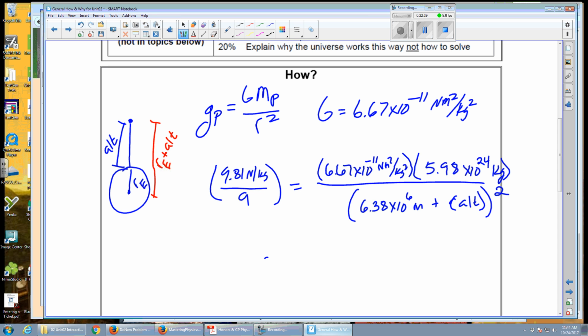Solve for altitude, which I know you guys can do. Most common mistake will be to forget that square term. The radius of the Earth plus the altitude, the whole thing squared. 6.38 times 10 to the 6 meters is on your equation sheet.